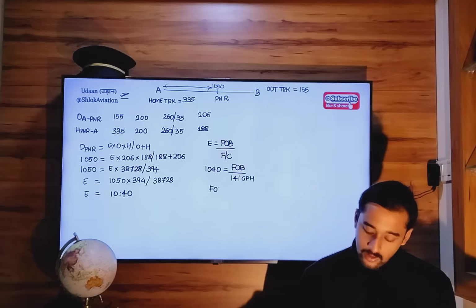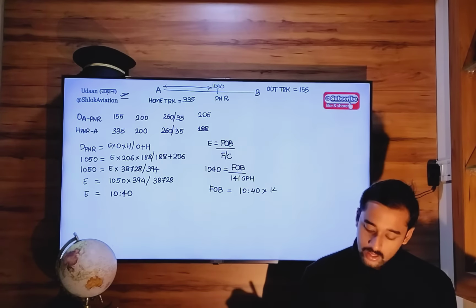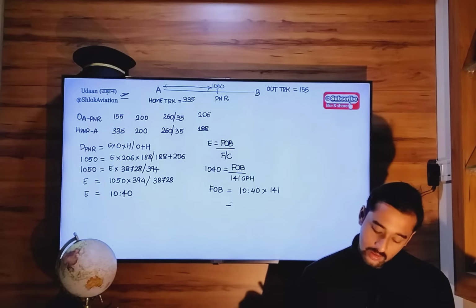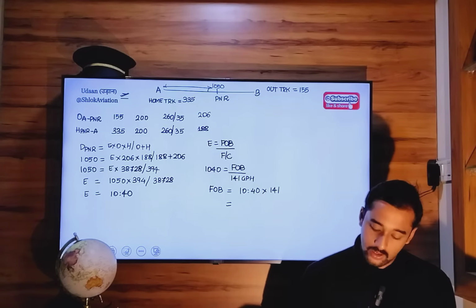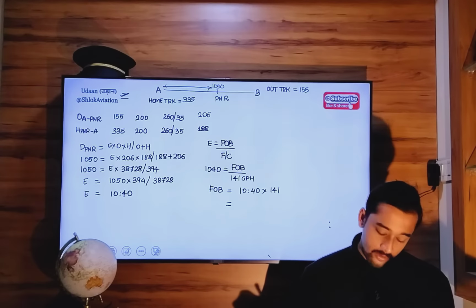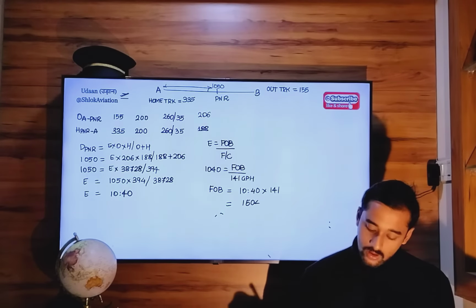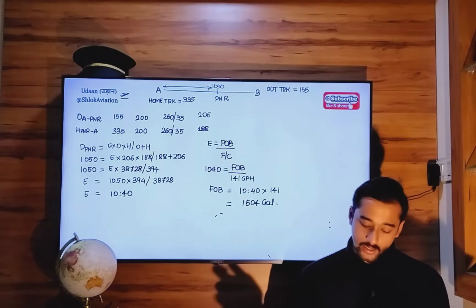So fuel on board will be 10 hours 40 minutes into 141, that is equal to 1504 gallons. So fuel on board is 1504 gallons.